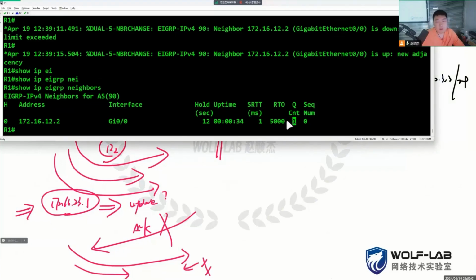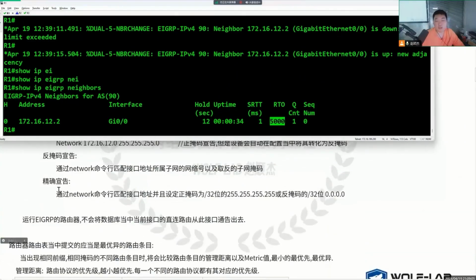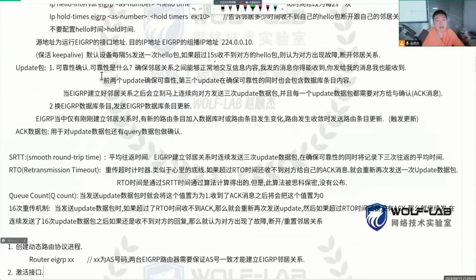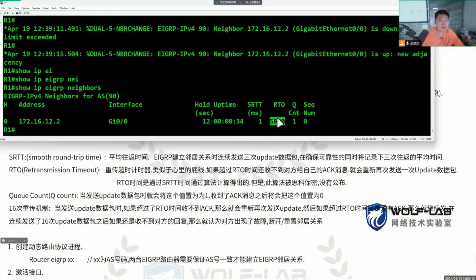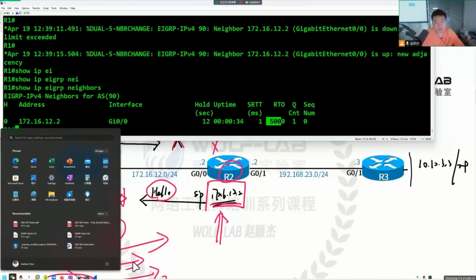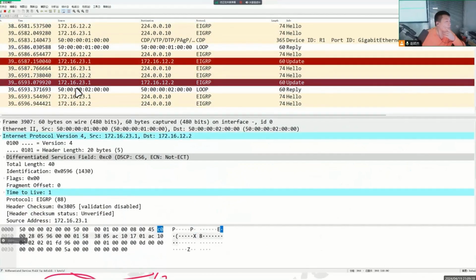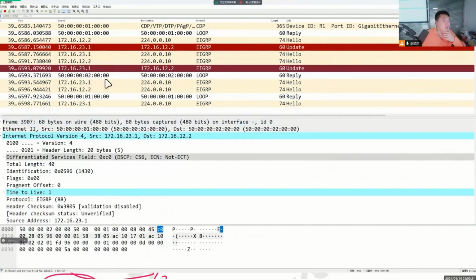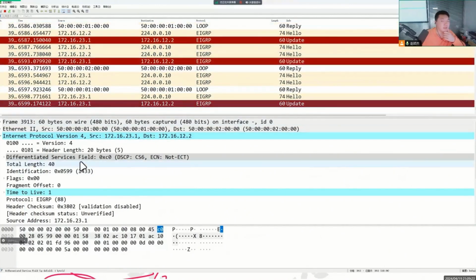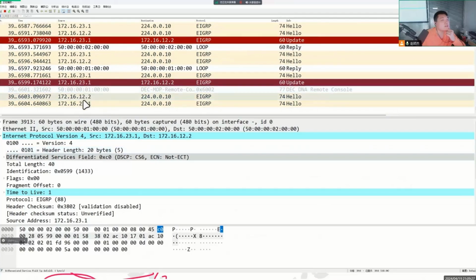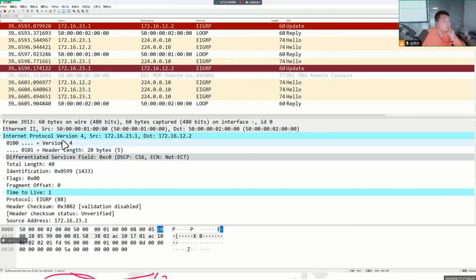And because there is no ACK received for 3 round trips, I'm not sure about my SRTT, and I'm not sure about RTO either. According to the default values, SRTT 1 and RTO 5000 milliseconds. If it doesn't receive an ACK for more than 5000 milliseconds, it retransmits once, resends the update, and waits for confirmation.